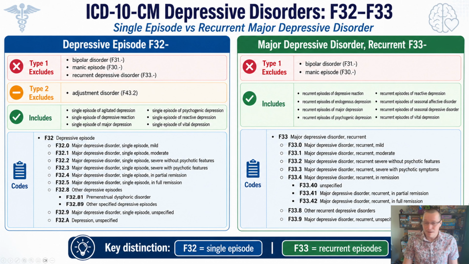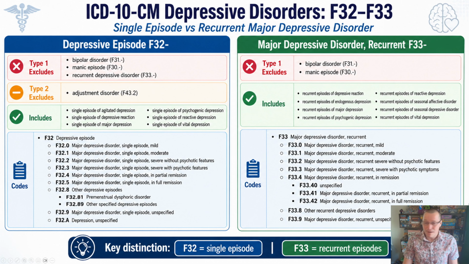So depression has 2 different categories of codes that you'll find. We have the F32 and the F33 family of codes. The main thing that I want to point out that you see a lot of people make the mistake on is F32 is episodic depression, while F33 are your major and recurrent depression. So very often you'll see a patient's chart have both an F32 and an F33 code on it.